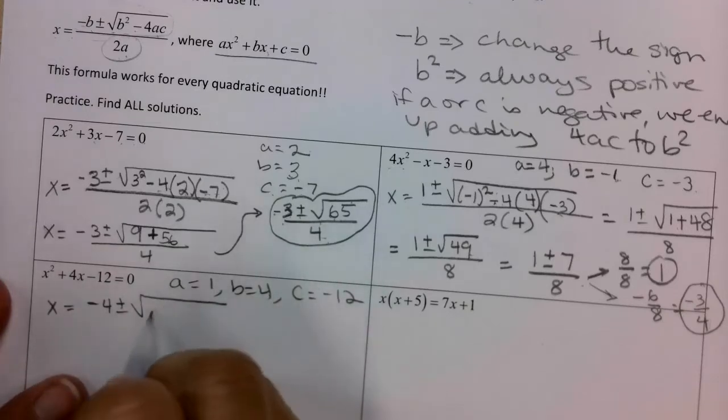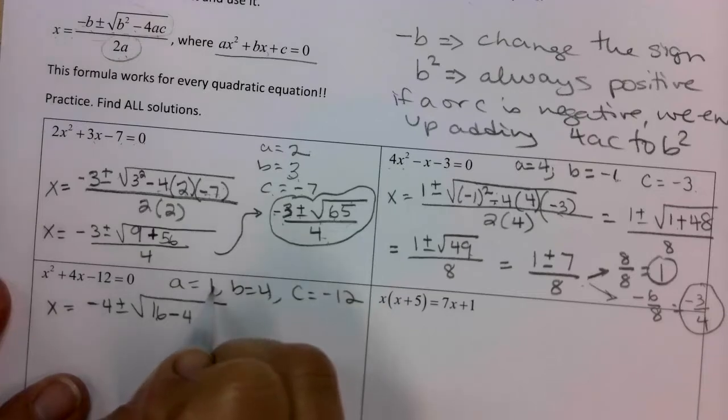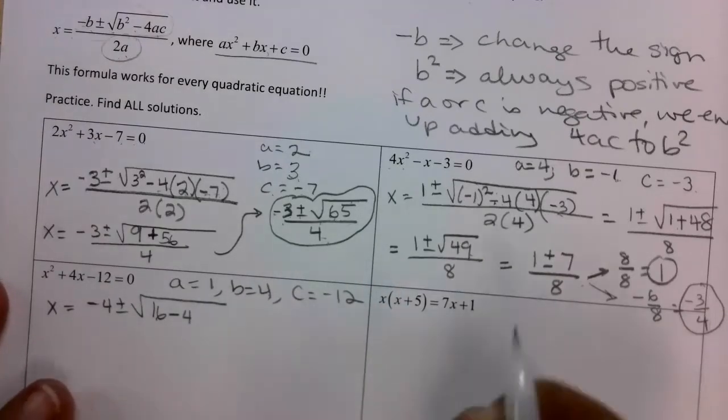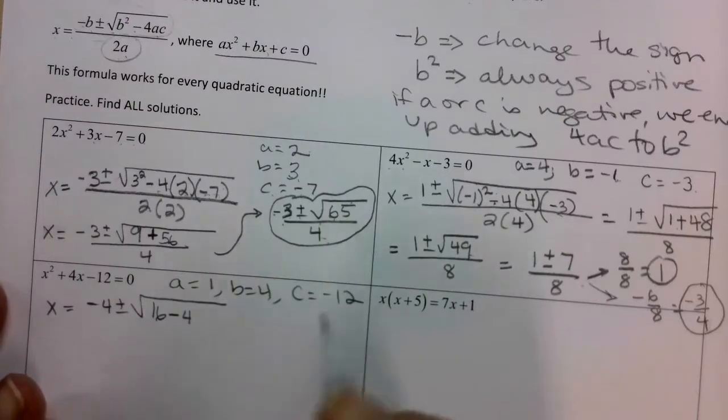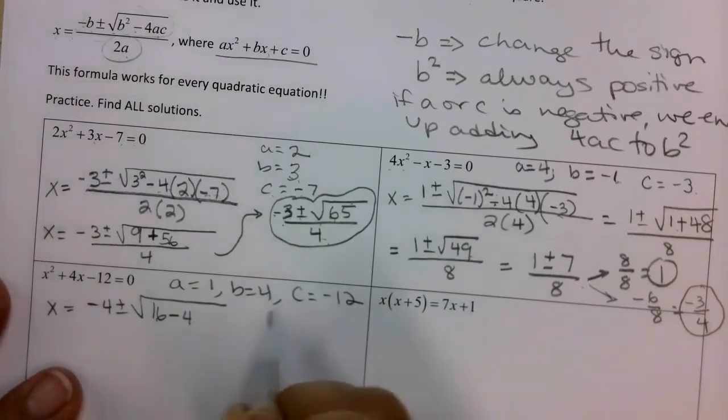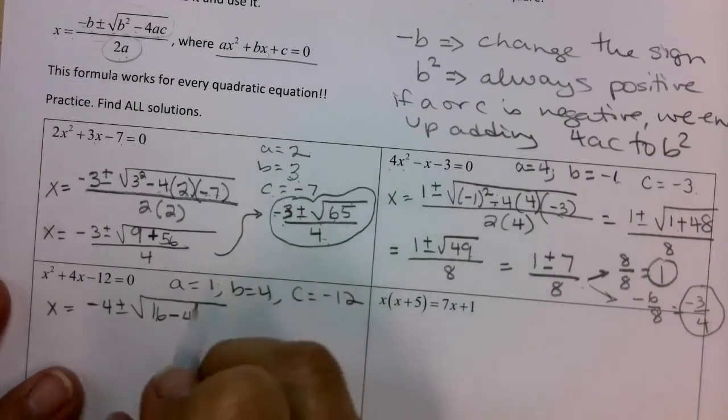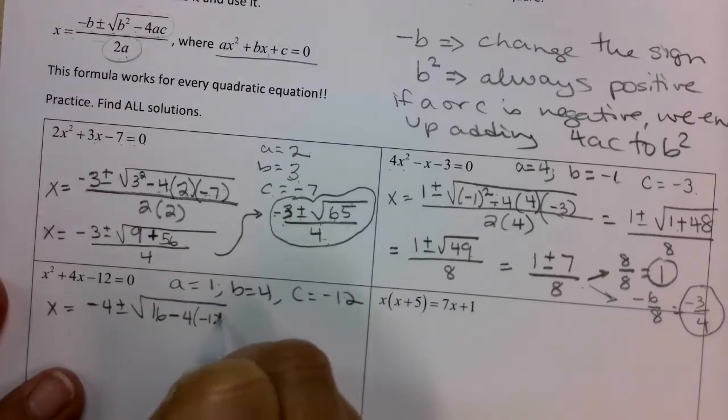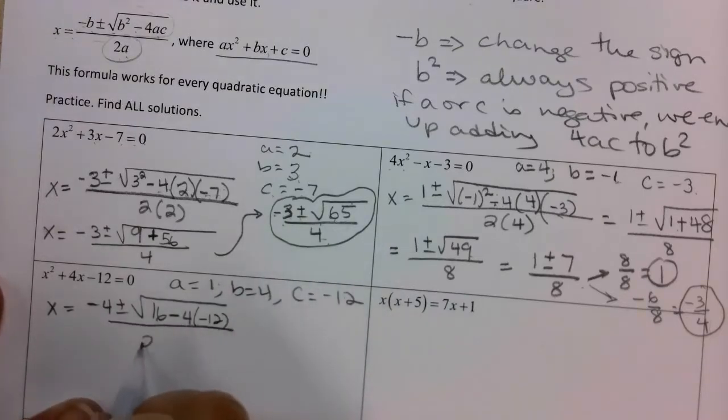So b squared, so 4 squared, that's going to be a 16. Minus 4 times a is 1. I'm not going to write that. I'm starting to peel back some steps, not writing them all down. 4ac, c is -12. All over 2 times a is 1.